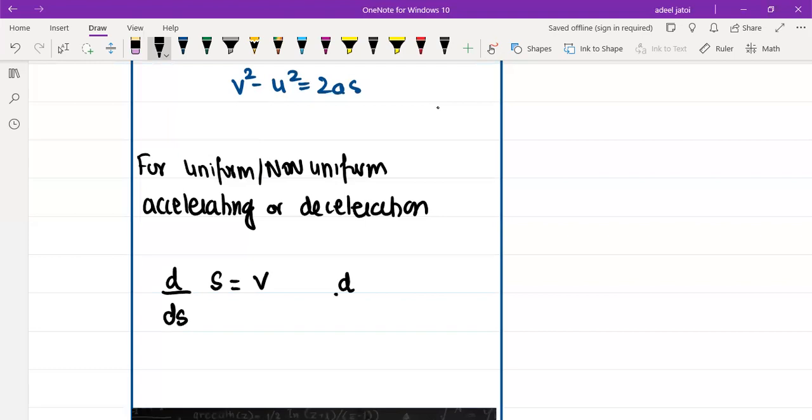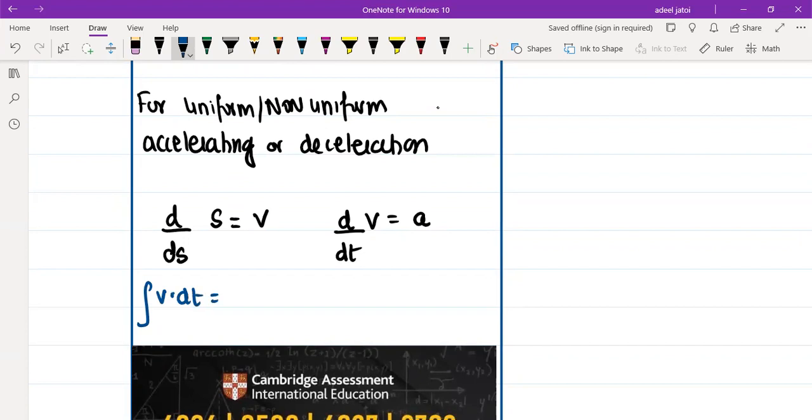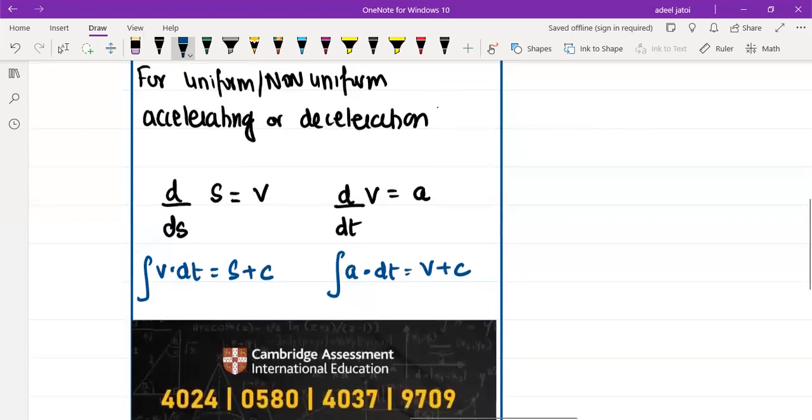When we differentiate velocity, we get acceleration. Similarly, when we integrate velocity, we get displacement plus c. When we integrate acceleration, we get velocity plus c.